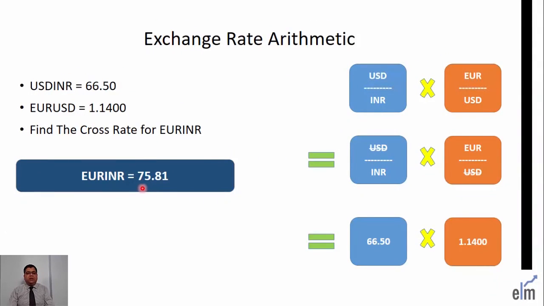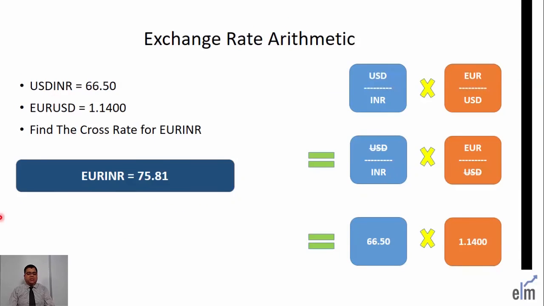So the cross rate for Euro INR given the rates of USD INR and Euro USD will come to 75.81. Here the key is to first write the quotations in terms of numerators and denominators and then cancel out one currency, which is the common quotation between the two pairs.